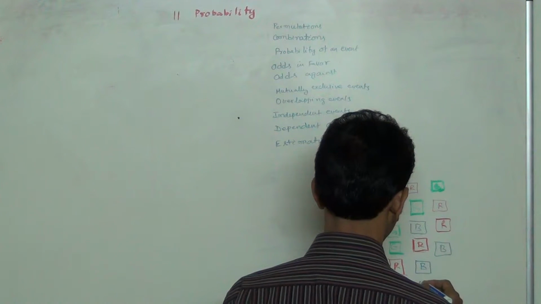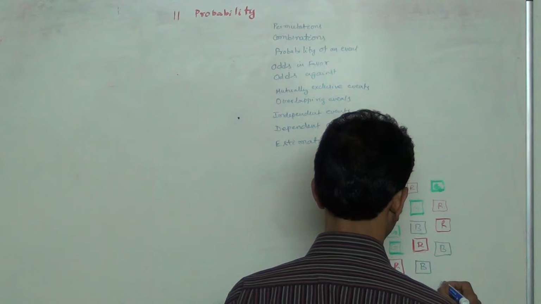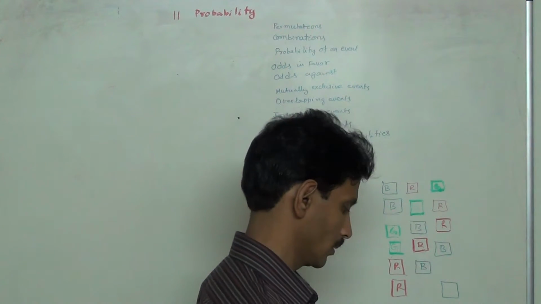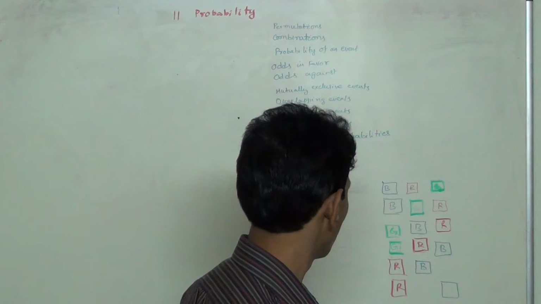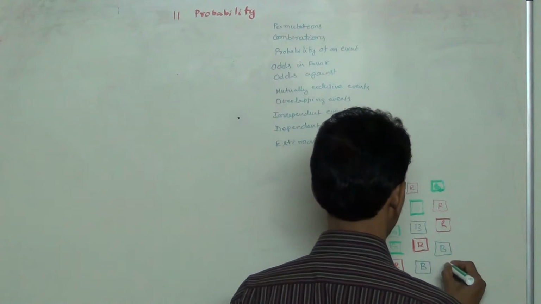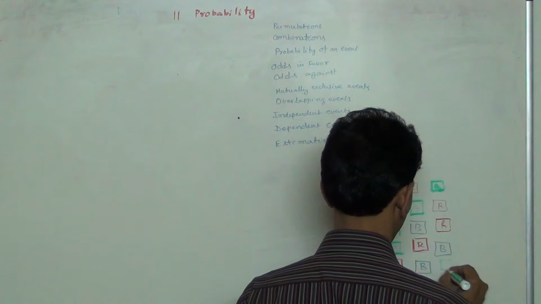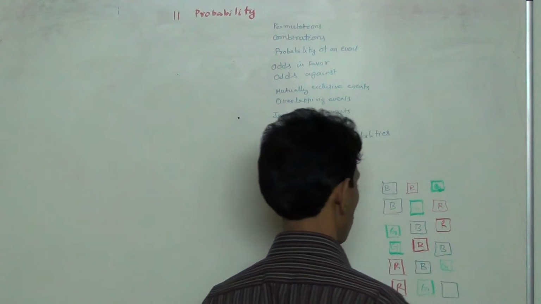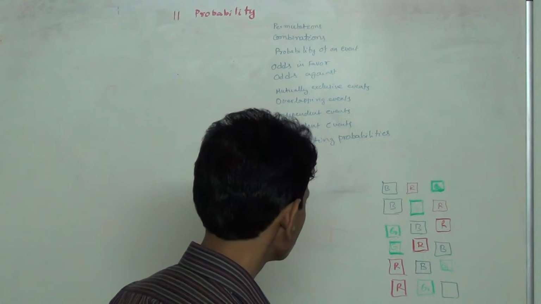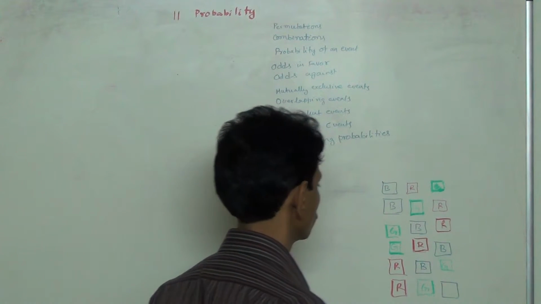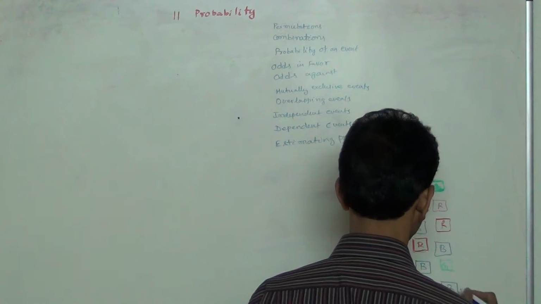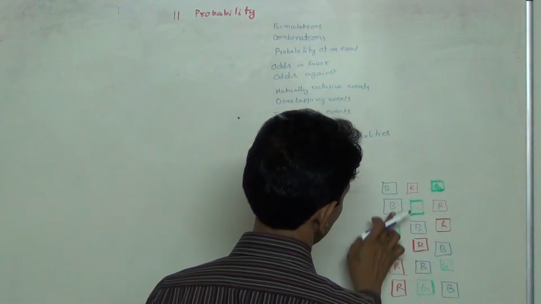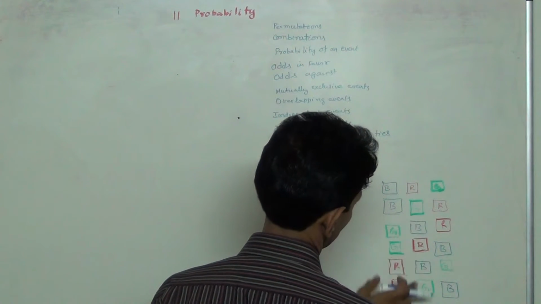Blue, green, red. Here red, red, blue, blue, green, green.